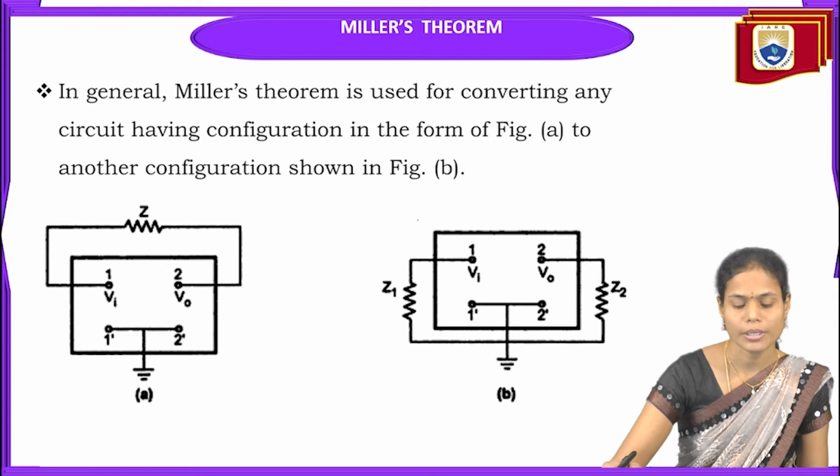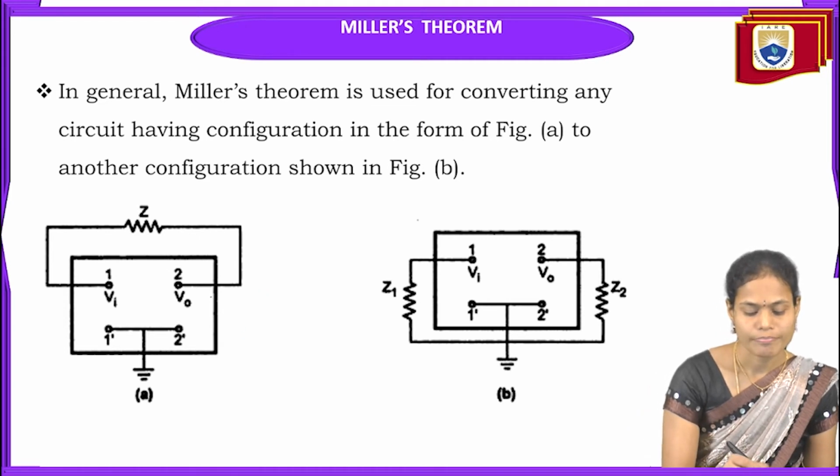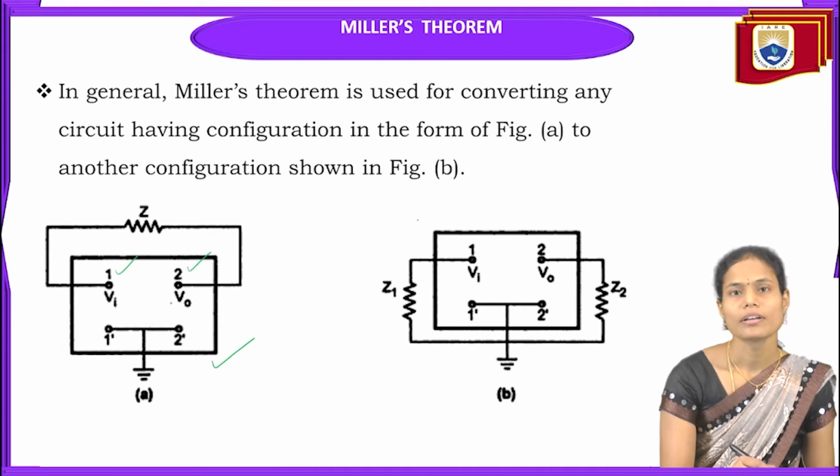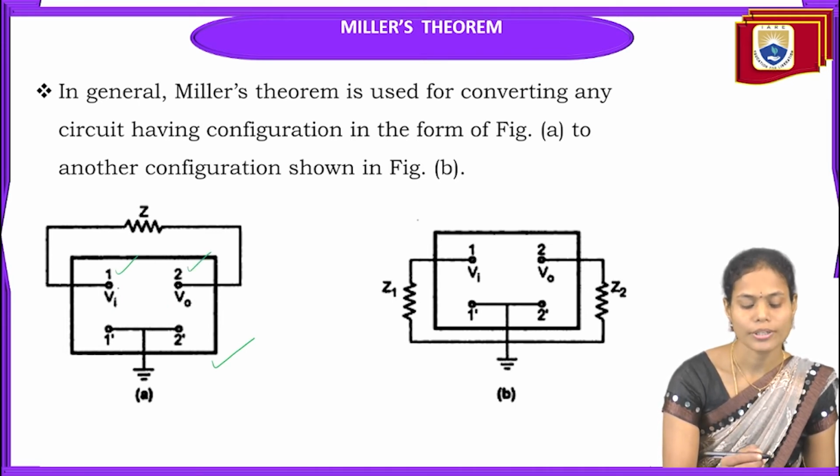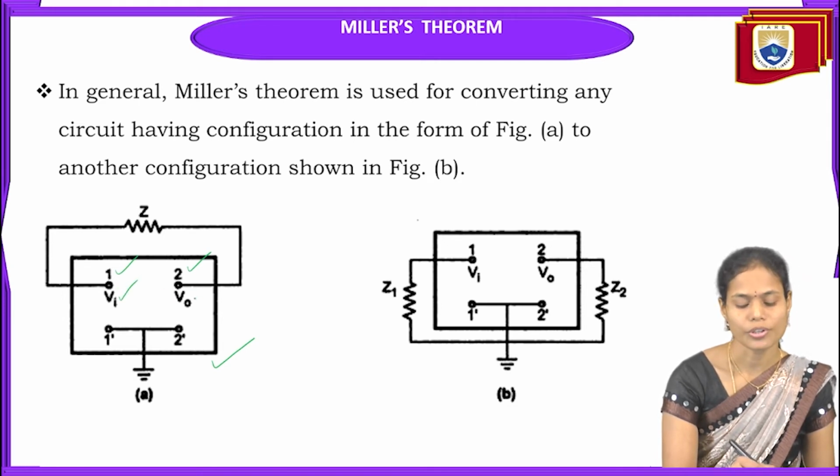circuit. For example, I am taking this 2-port network with the 2 ports, port 1 and port 2. At port 1 we have the input voltage Vi and the output voltage V0.